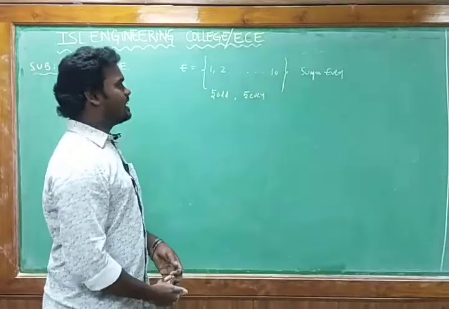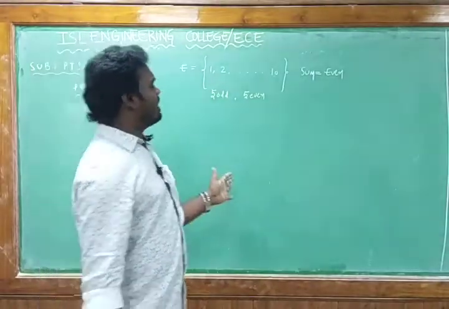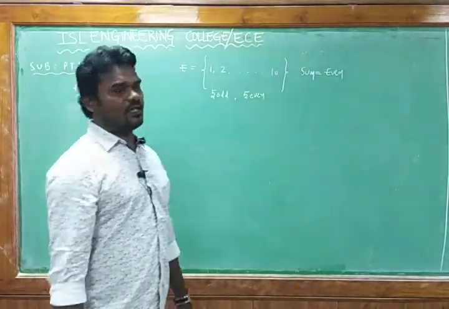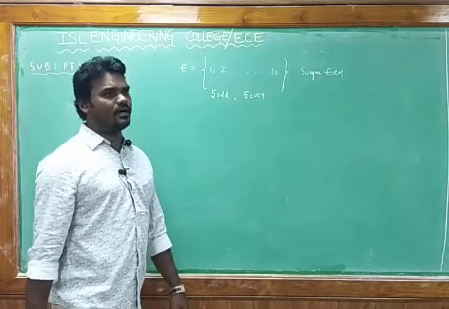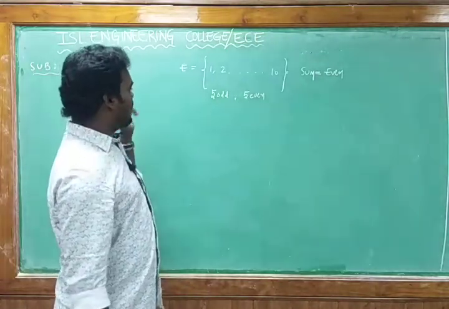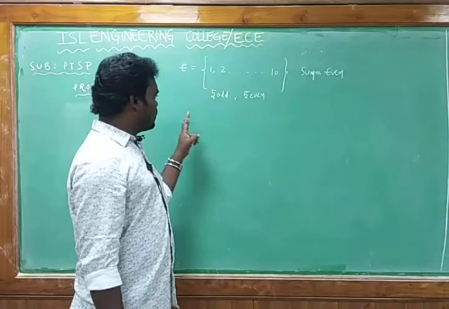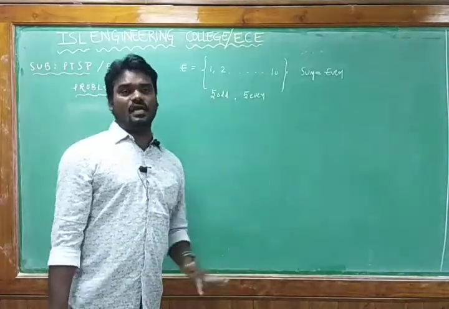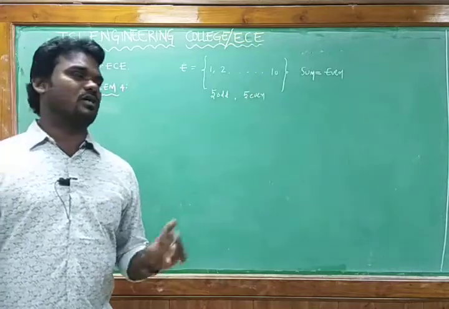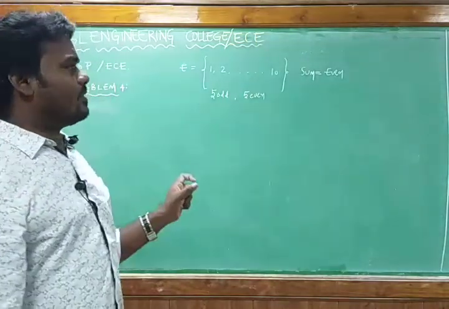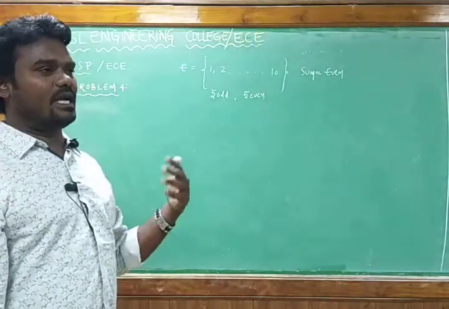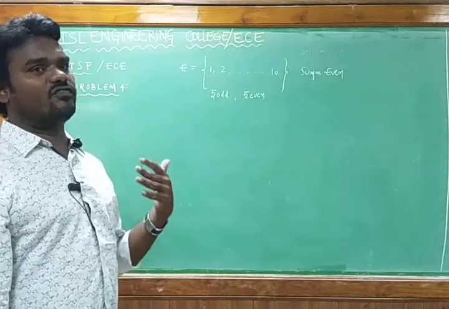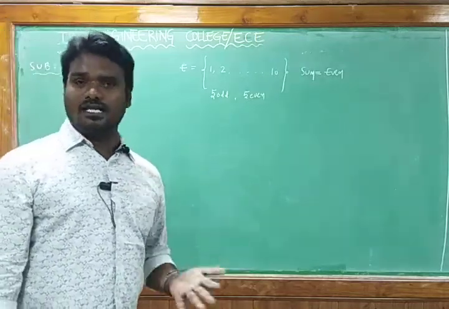In order to have an even sum, either the sum of 2 odd numbers or the sum of 2 even numbers will be even. Sum of 2 odd numbers, the result is even. Sum of 2 even numbers, result is even.